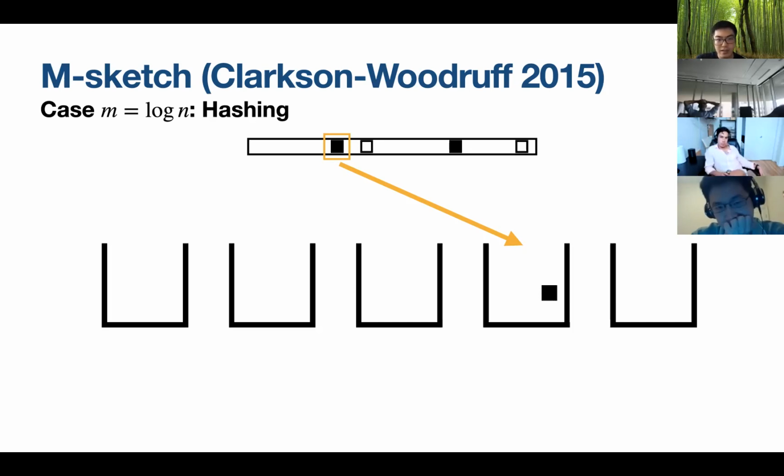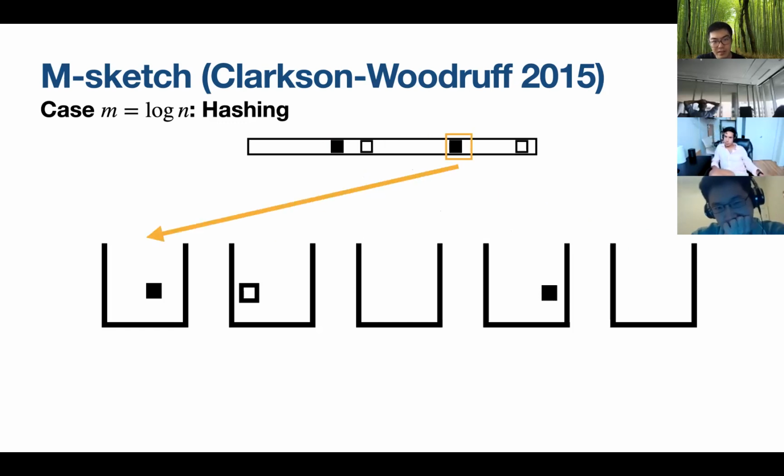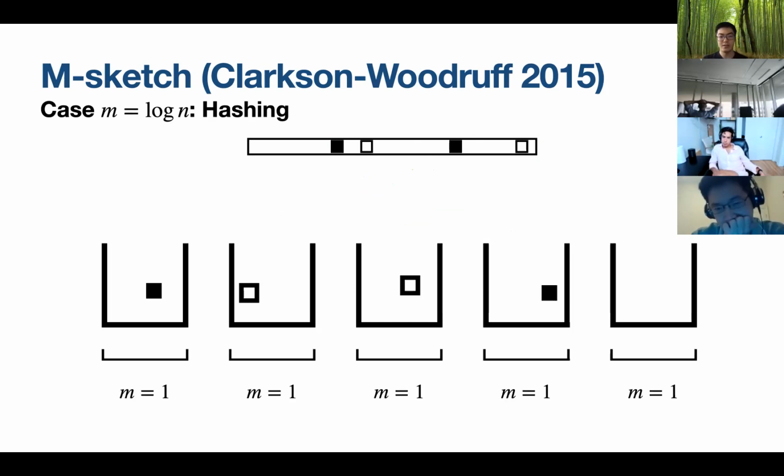And because I'm choosing these buckets randomly, with high probability, all of these non-zero entries are going to end up in separate buckets. And at the end of the day, what this means is that each of these buckets essentially looks like this m equals 1 case, but I just have log n of them. And so what I want to do at the end after this hashing process is just to add up all these buckets together. So I add the contents of each bucket.